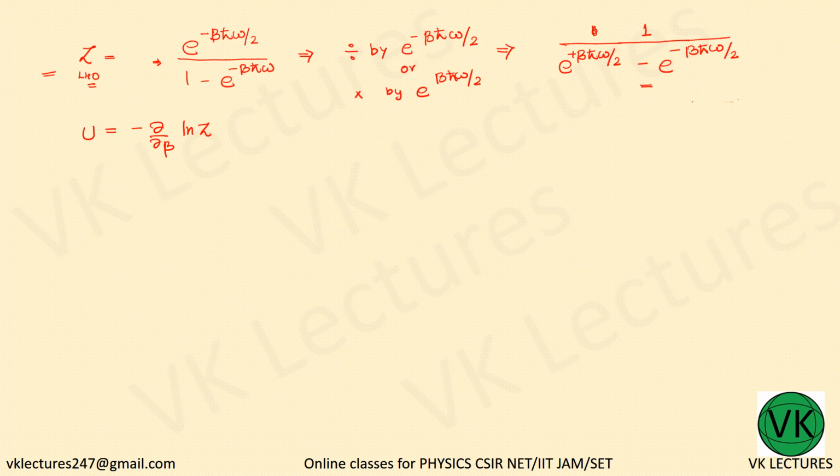So let us see what we are going to get. So log Z, so this becomes minus plus dou by dou beta of log of Z inverse. So log of Z inverse is minus log Z, so minus and minus plus becomes plus. So this is equal to dou by dou beta of log Z inverse. What is Z?